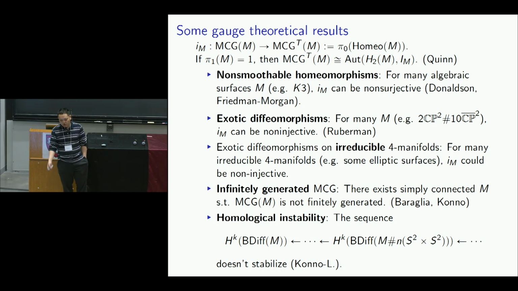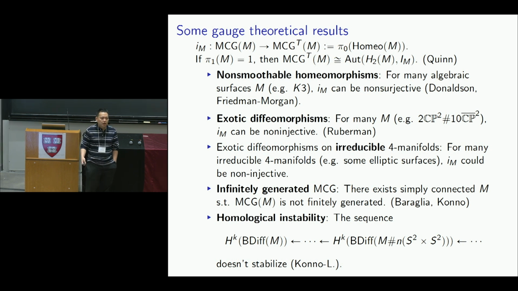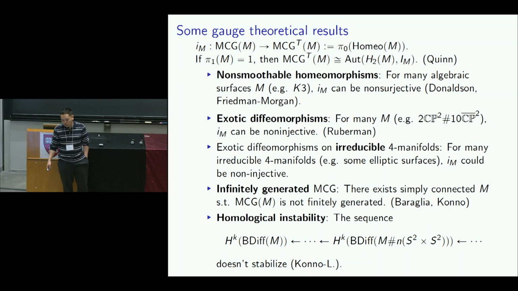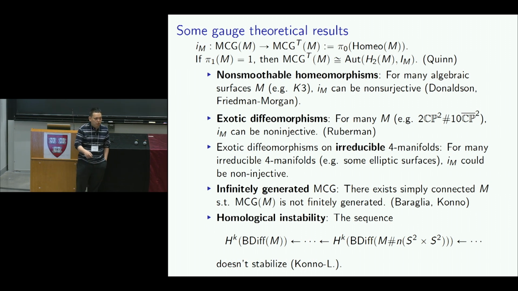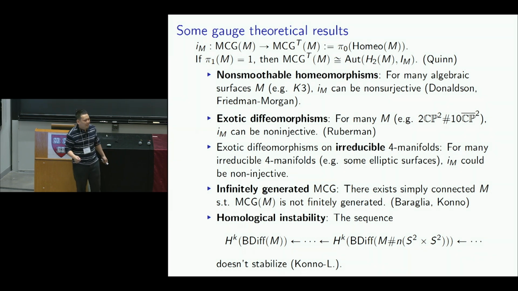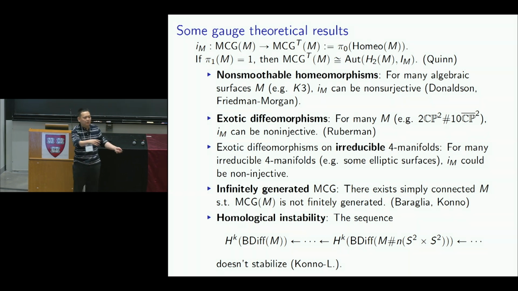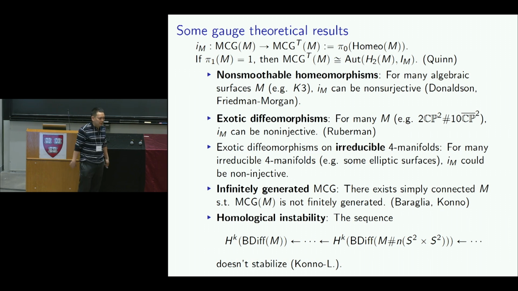So as I mentioned, the cohomology or homology of the classifying space corresponds to characteristic classes of manifold bundles. So people want to understand this homology of a classifying space. One classical way to do this is to take connected sum with S^n cross S^n, or for surfaces, just increase the genus, take connected sum with a torus.